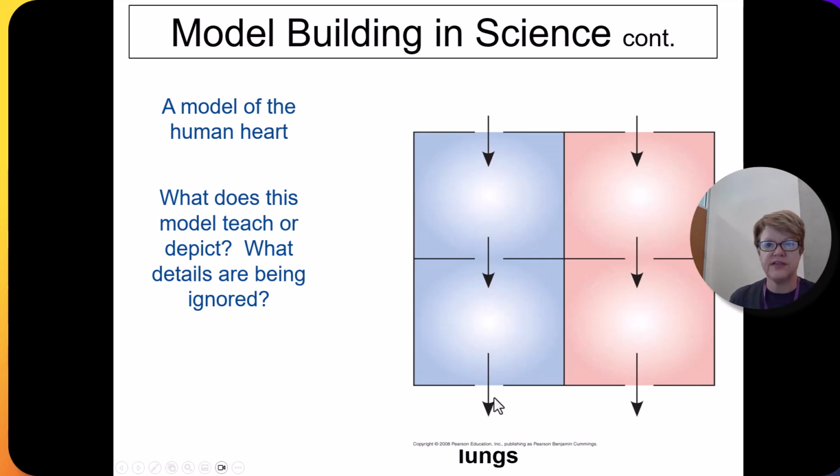I actually took this diagram from some book. But what's not intended here is for you to think that the heart is shaped like a square. Because you have experience with a heart, you know it's not shaped like a box. In this diagram, they're showing it that way because what they're emphasizing is which way the blood flows through the chambers. And of course, there would be labels and such.